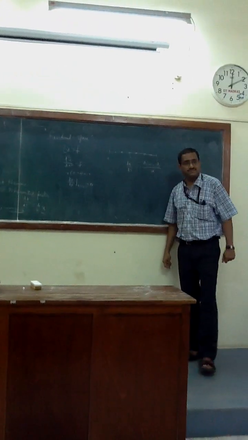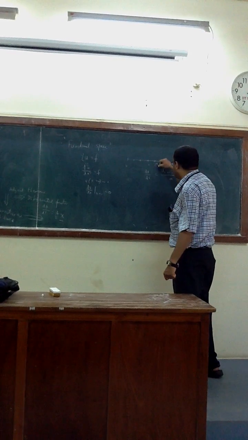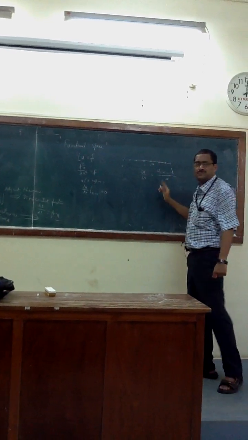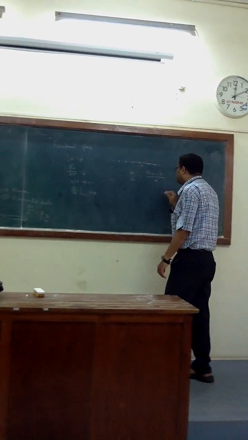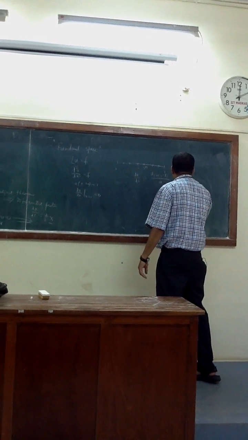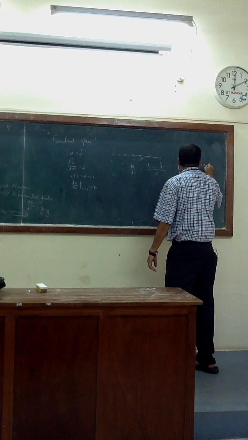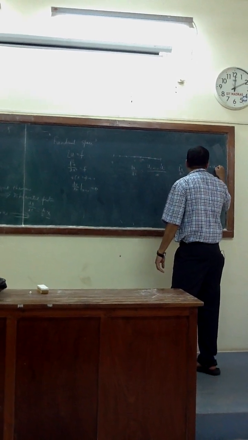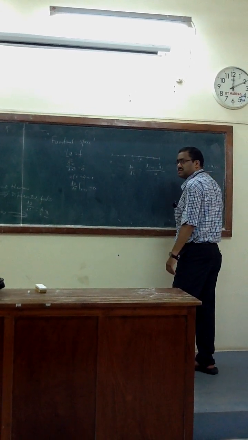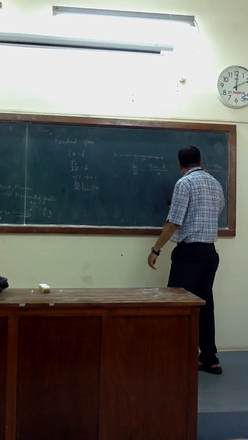Forward difference method. This is i plus 1, this is i. I am just being very simple. And similarly, you can write d2u/dx² equals (u_{i+1} minus 2u_i plus u_{i-1}) by delta x squared. Am I correct?